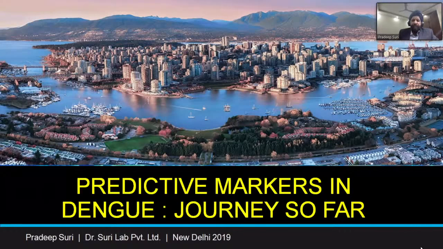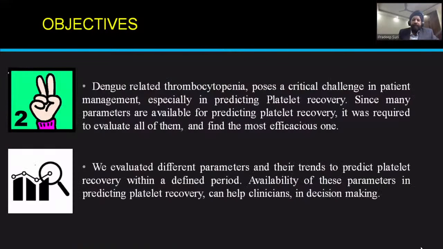The objective of this study was simple: to look at which of the markers, after evaluating all of them, is the best marker for predicting platelet recovery in dengue thrombocytopenic patients, and which of these markers can be useful to clinicians in decision making over a defined period.